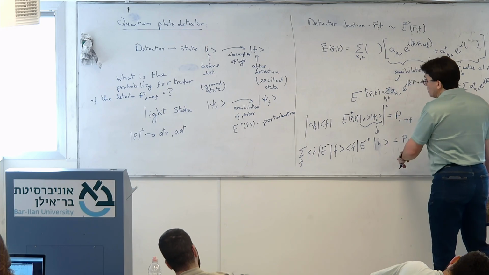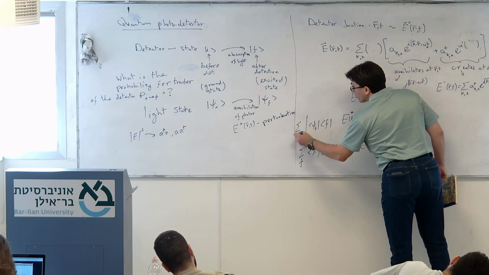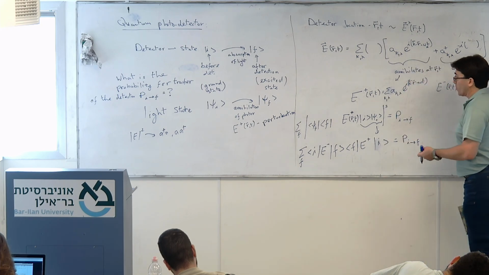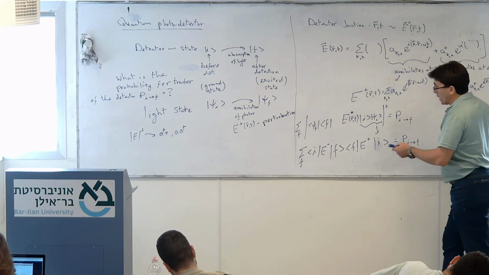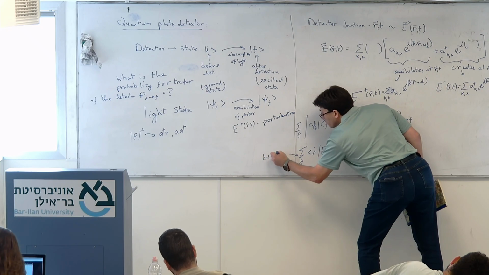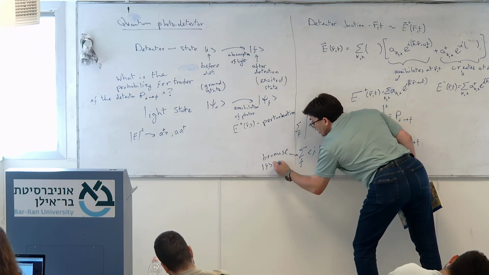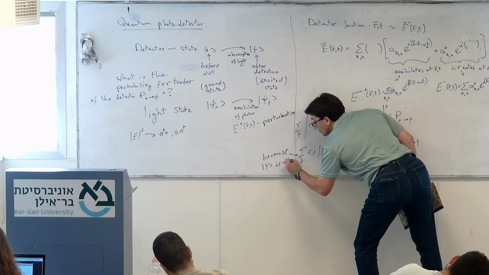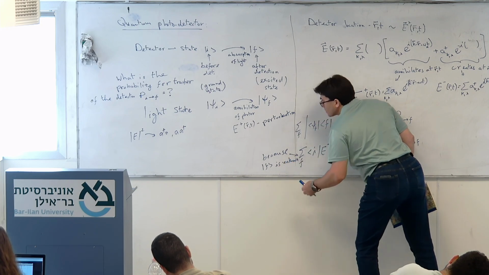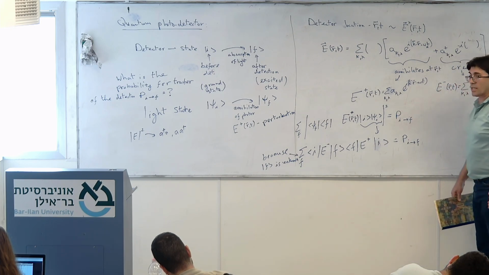That is because F is unknown. Any atom could absorb, I don't care. All I know is that I have an electron.